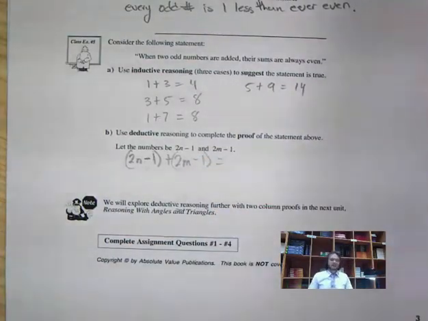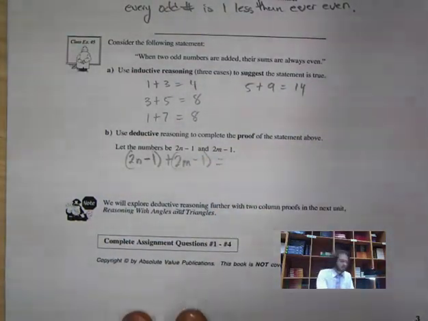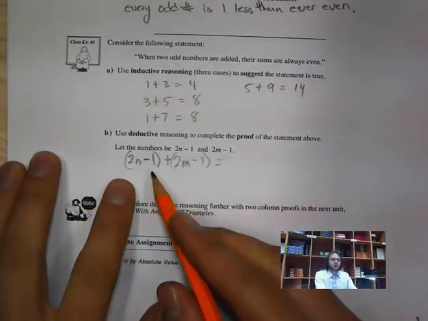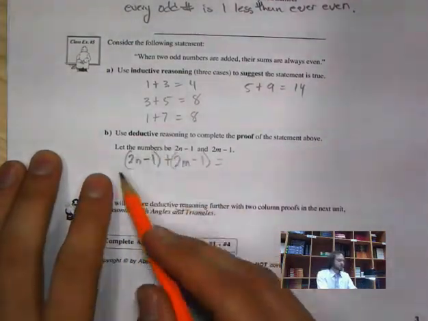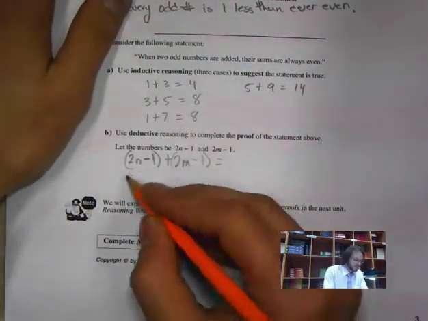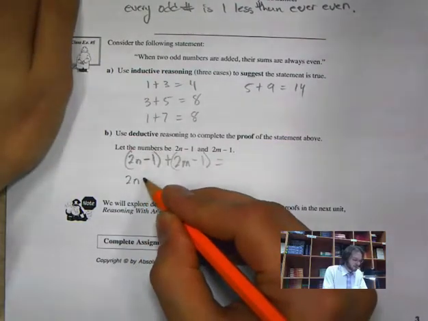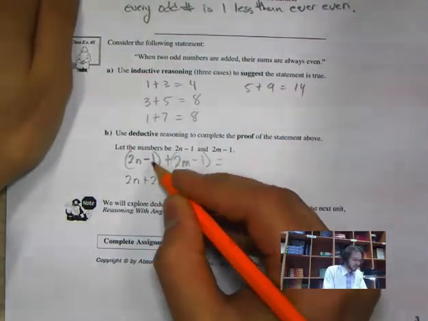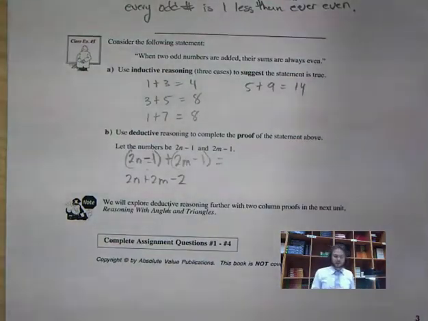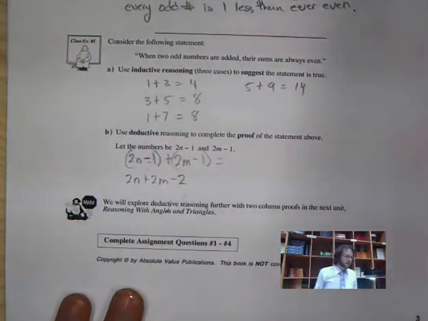Let's see what this equals here. Whatever this is, this number has to be divisible by 2. So if I combine this, I'm going to get 2n plus 2m, and then we have minus 2. Now I look at this, each one of these I could factor out a 2.